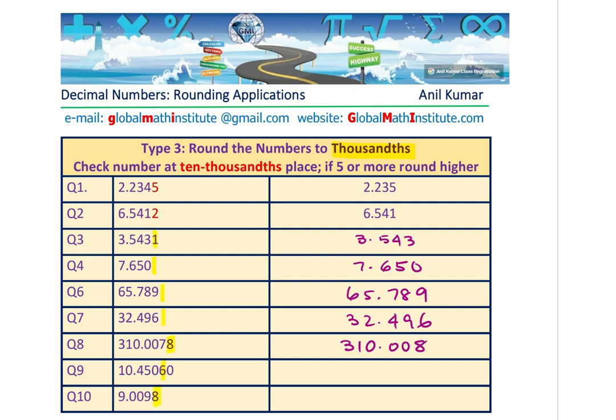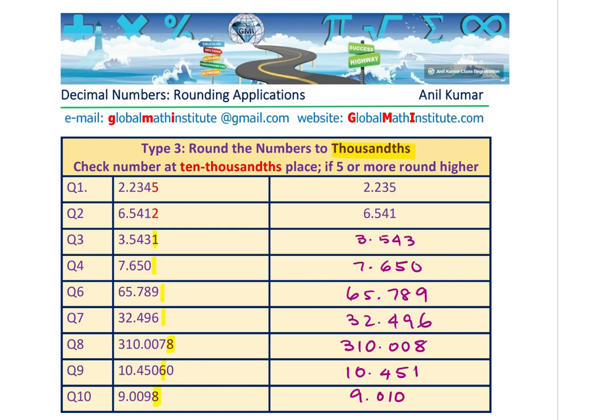And then we have 60. So 0 will drop and we have 10.45. And that 0 will become 1 because the number is 6, more than 4, right? Now here, we're checking the number 8, which is 5 or more. Yes, it is. So 9 will become 10, and this time it will be 9.010. You see that? So that is how we are going to round these numbers to the thousandths place.